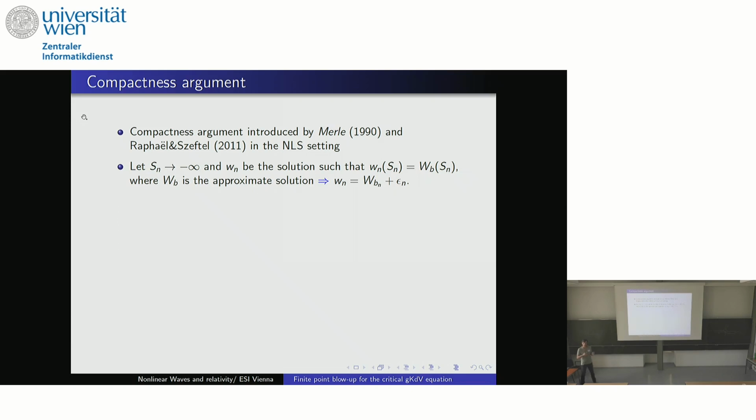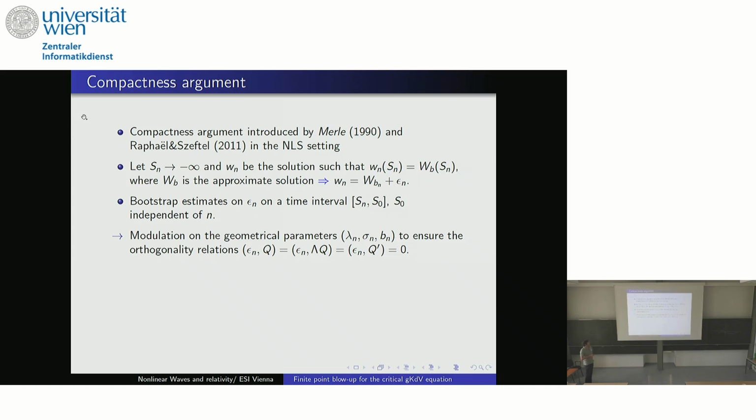You split it as your approximate solution plus a rest. And all the game is to get nice estimates on the rest, epsilon n. And you want to have this bootstrap estimate on a time interval from Sn to S0. So the wave is very focused, but you're coming back in time. So you're defocusing the wave. And you want uniform estimates up to a time which is independent of n. Okay.